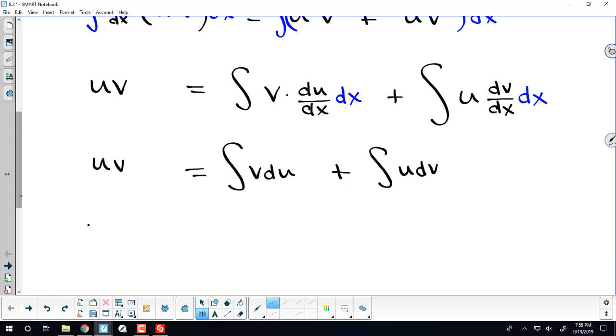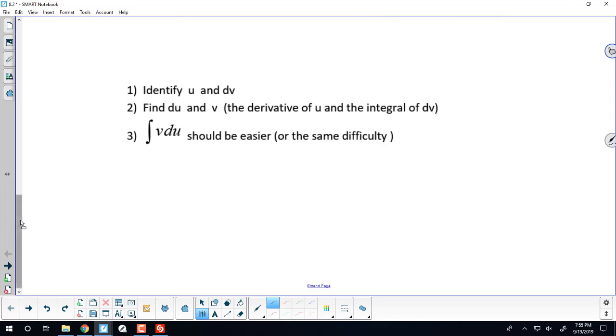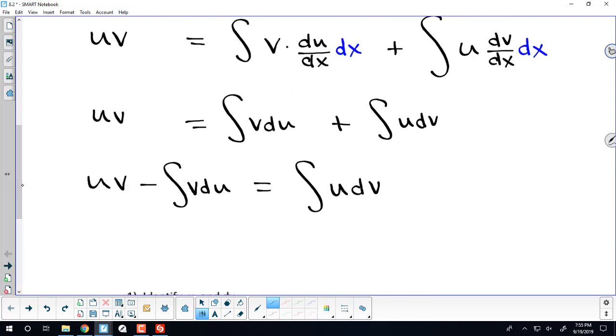So we're going to subtract the integral of v du on both sides. Okay. So this is our integration by parts formula.